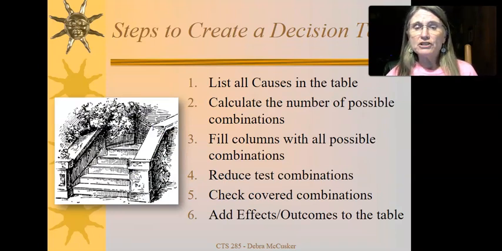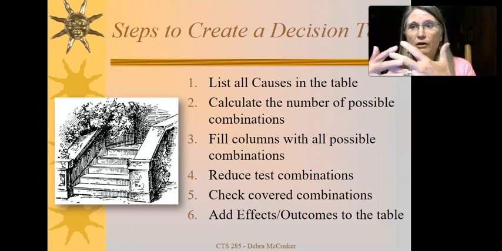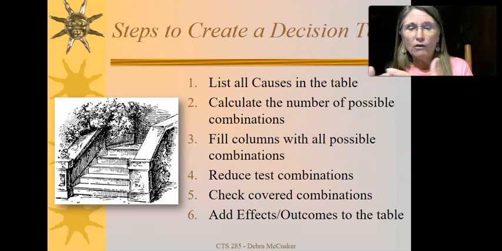So let us discuss all of the steps that you need to take to create a proper decision table. First, you need to understand and list out all the causes or input conditions in your problem. Secondly, you're going to need to calculate the number of possible combinations that you will have when interleaving all of those causes.